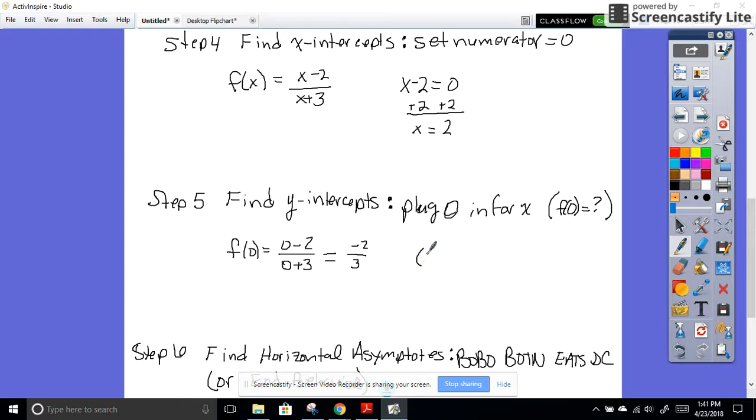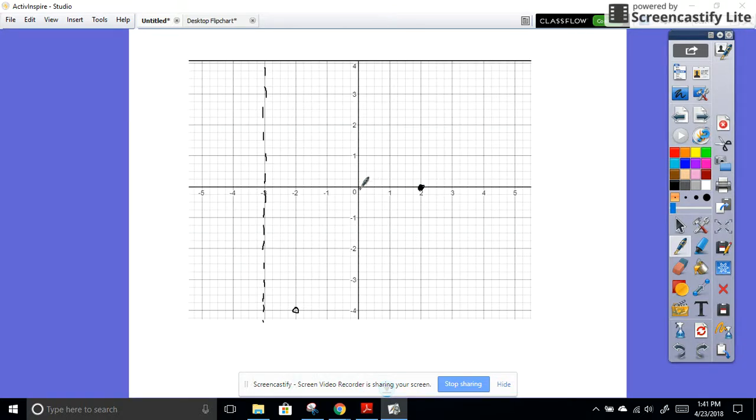So my y-intercept is at 0, -2/3. So that's a dot on my y-axis. There's a half. -2/3 is going to be somewhere right around there. 2/3, remember, is 0.6667, so it's going to be right before this 0.75.